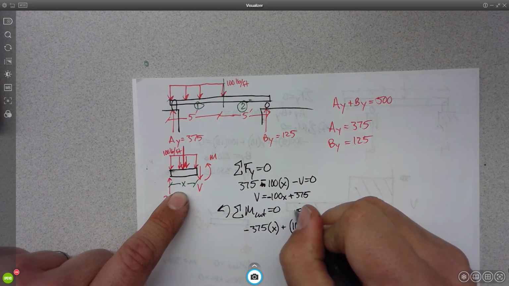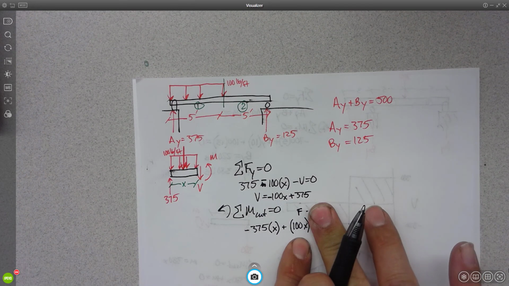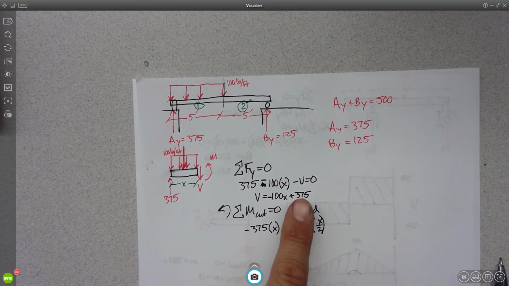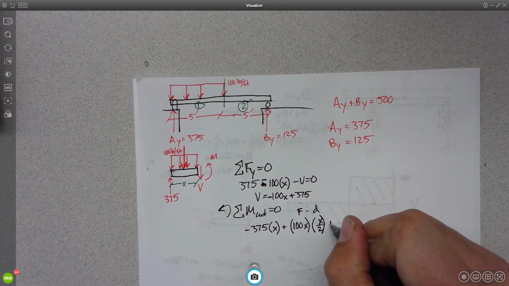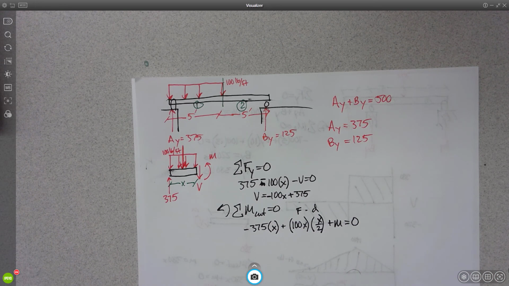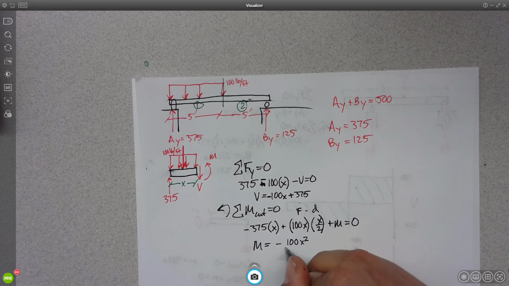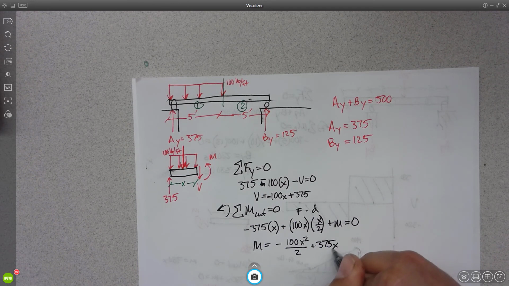Right, so this is force times distance to get the moment. The force is my 100x. The distance is my x over 2. Okay. So the moment is equal to negative 100x squared divided by 2 plus 375x.